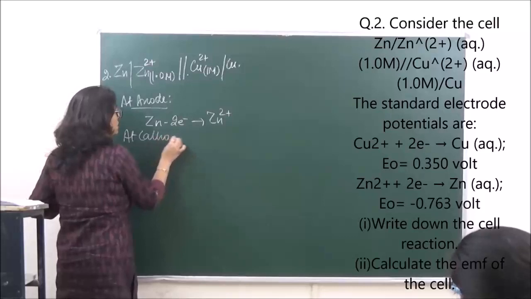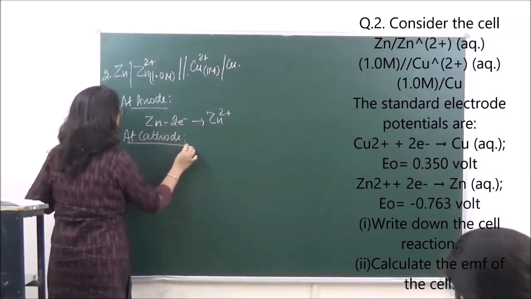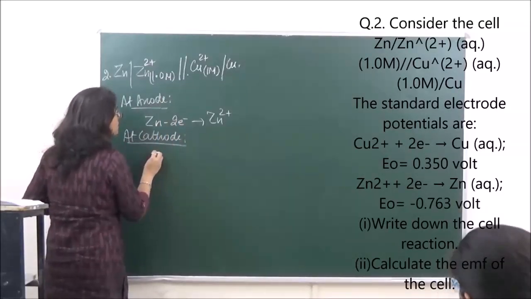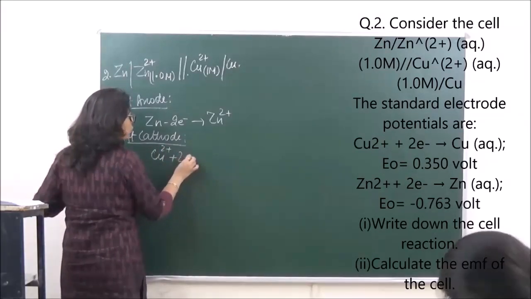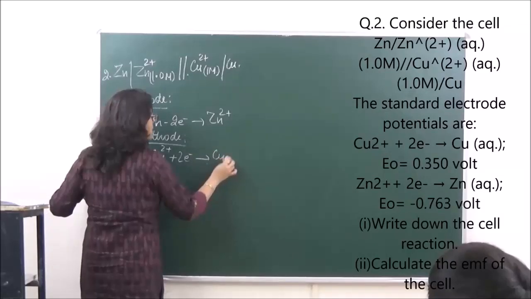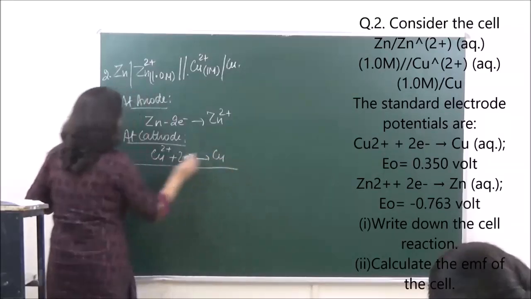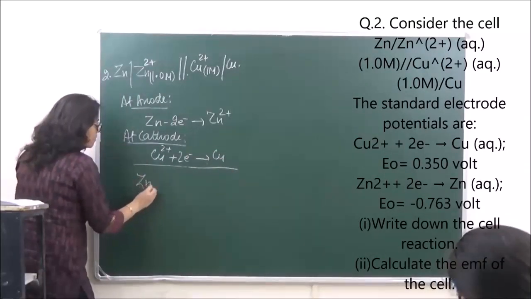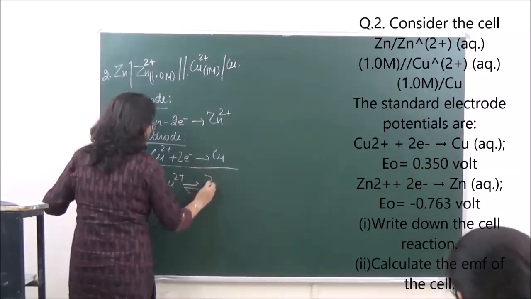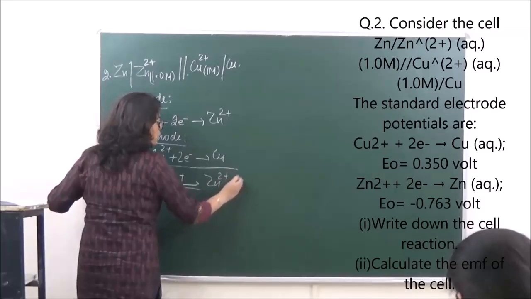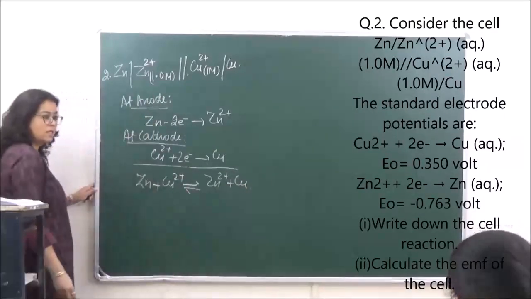At cathode, Cu2+ is going to gain 2 electrons to give us Cu. Overall reaction is going to be Zn plus Cu2+ to give us Zn2+ plus Cu. This is going to be the overall reaction, right?